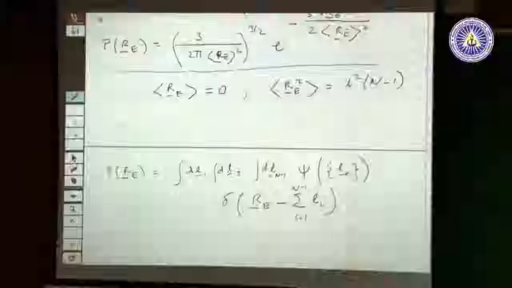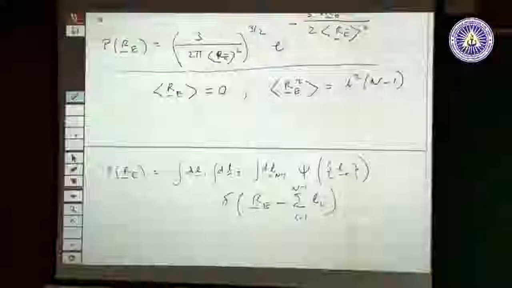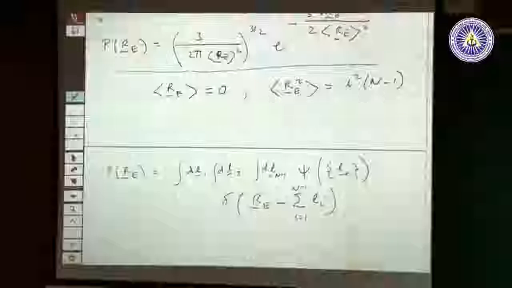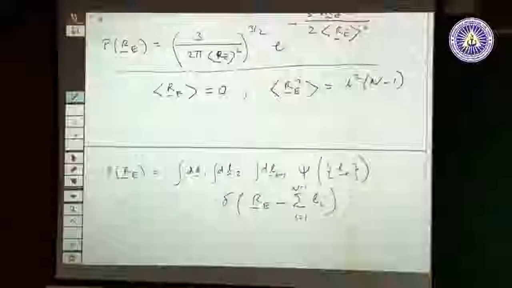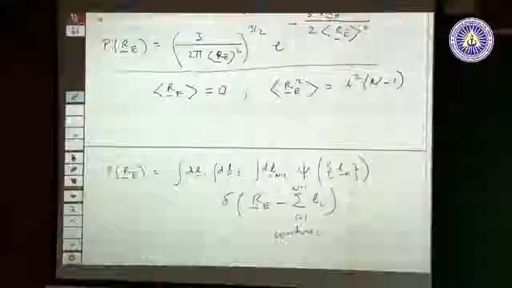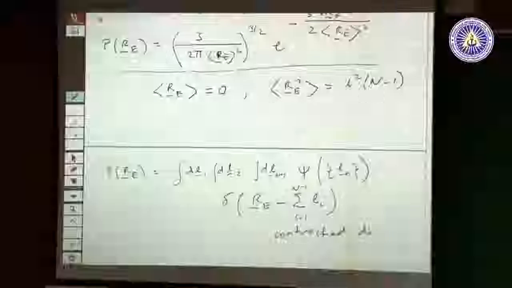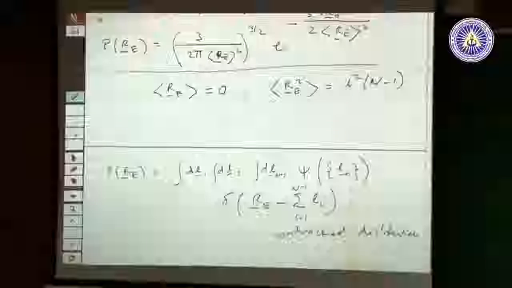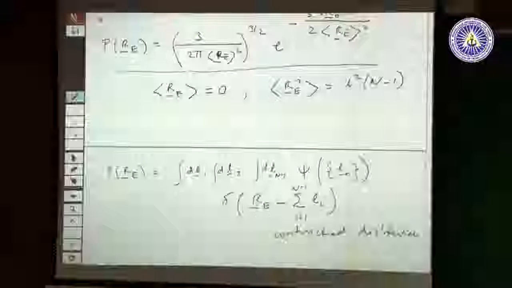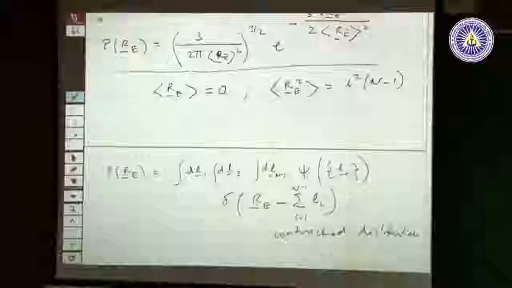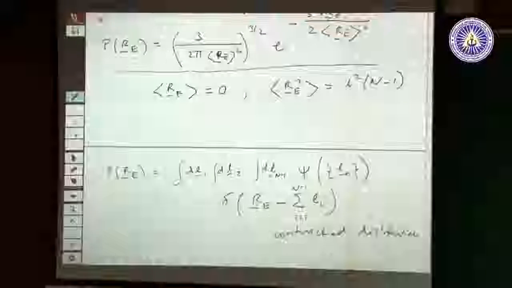okay. So, what does this mean? I mean, obviously, if I only did the integral of the psi, that is normalized, it will be 1. But what this is saying is that you have to contract. So, this is called a contracted distribution function. So, it says of all possible values that L1, L2, up to n minus 1 can take, only pick those such that the sum of the Li are equal to Re.